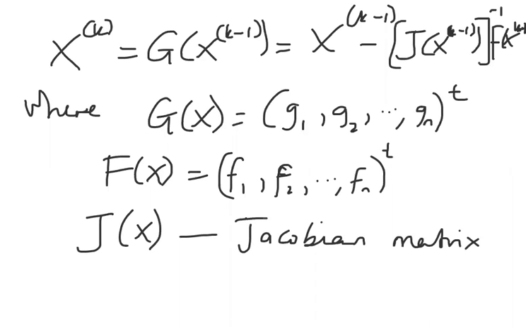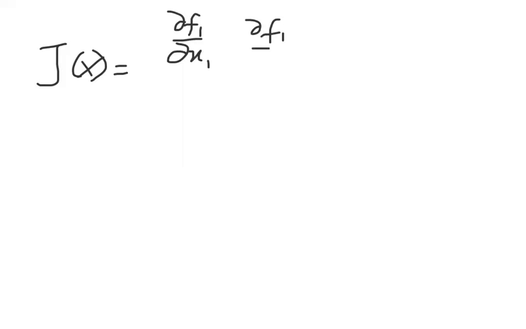Let me write it on the next board. J(x) will just be given by the partial derivative of f1 with respect to x1, then partial derivative of f1 with respect to x2, and so on up to partial derivative of f1 with respect to xn.